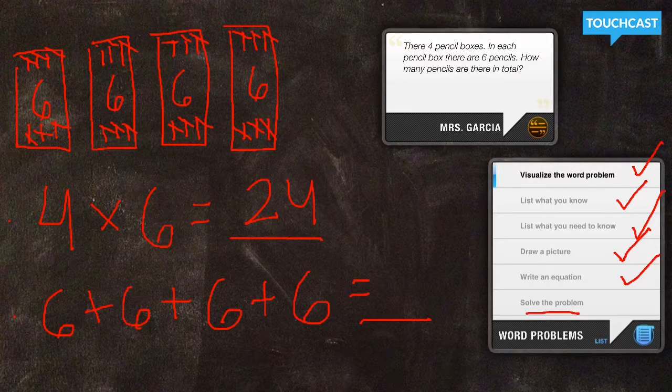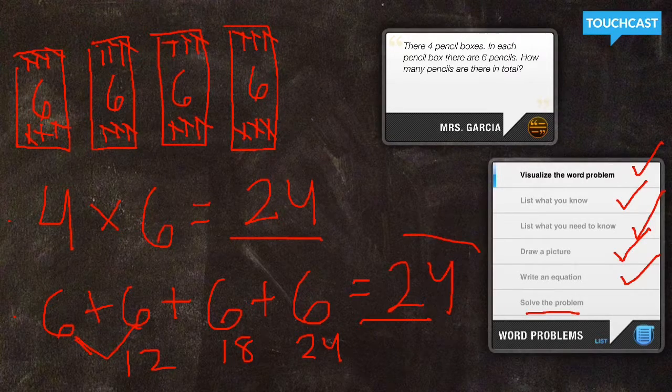Or else I could simply skip count by 6s. 6 plus 6 is 12. 12 plus 6 is 18. And 18 plus 6 is 24. So both of those equal 24.